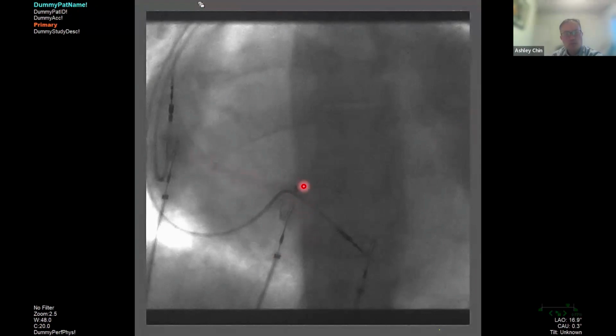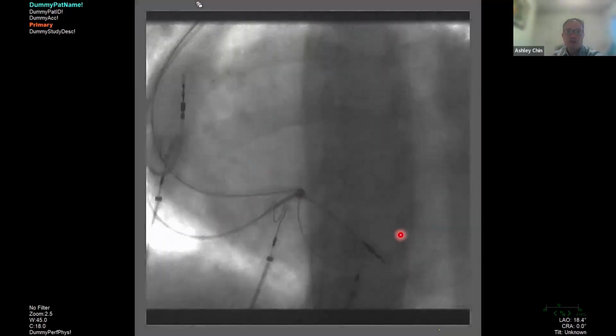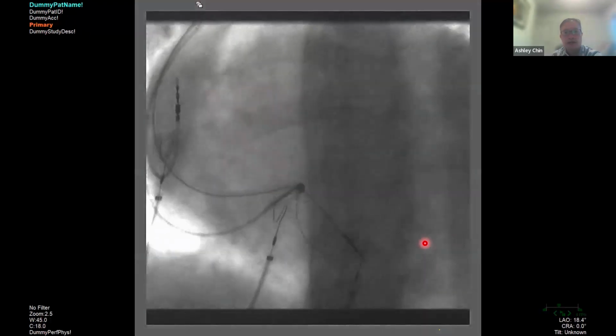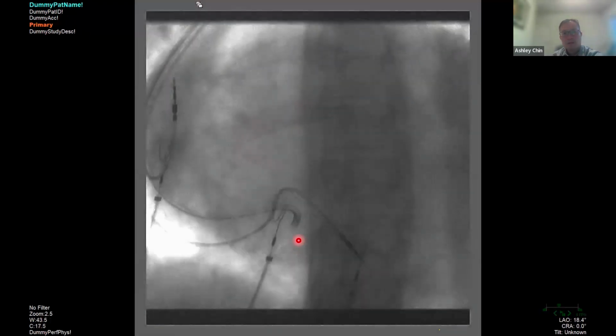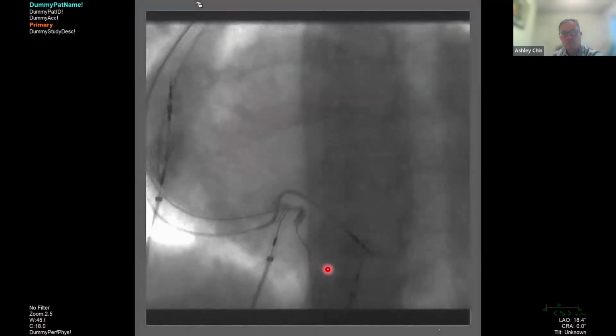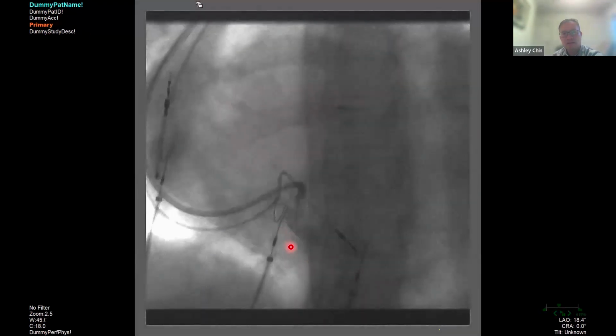With the steerable CS catheter, we were probing and pushing in this direction, but we couldn't get the catheter down here. What this left bundle area pacing sheath allowed us to do was visualize the coronary sinus with contrast. When we did that, we were able to pass a Terumo wire in there and cannulate it, and you'll see it coming around.